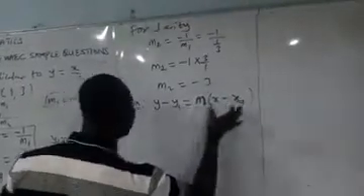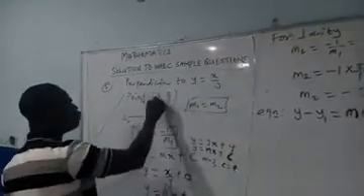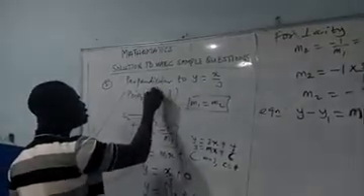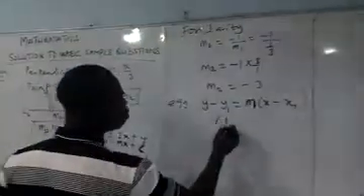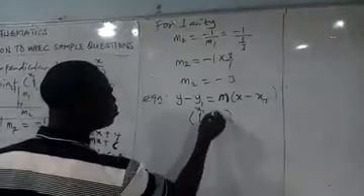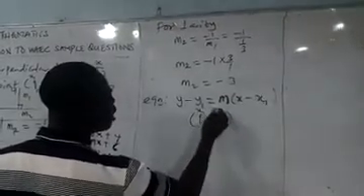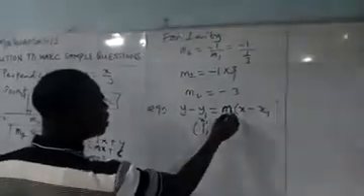And this y1 and x1 are the point you must be given, the point that the line is passing through. So it's passing through point 1, 3. Point 1, 3 means the first number is always x1 and the second number is always y1. Please take note of that. So when we substitute this into the formula, we are going to have our new equation.